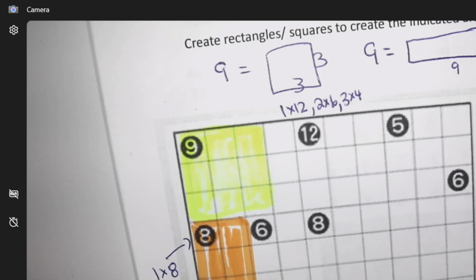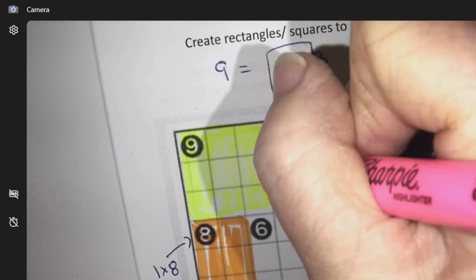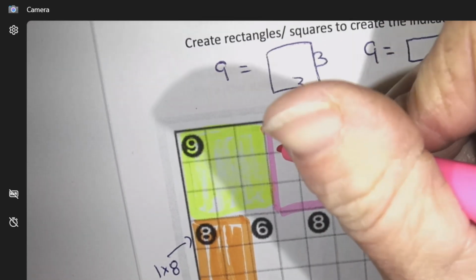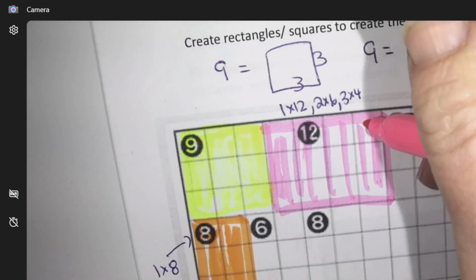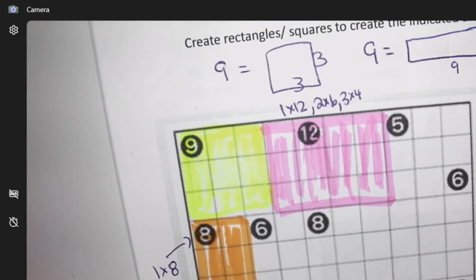The 3 by 4? I think so too. 3 by 4. That's a 3 by 4. The goal is to fill in every little square without an empty.